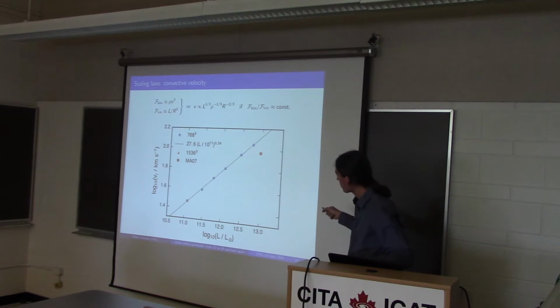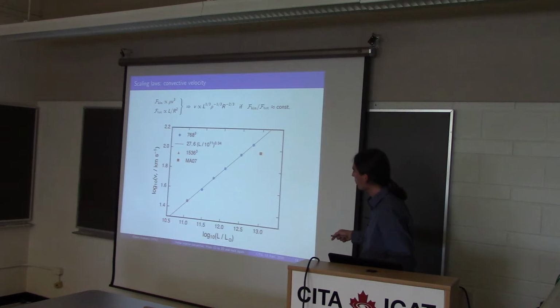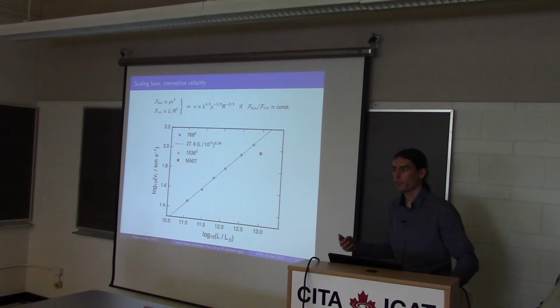So we have a series of simulations at 768 cubed, where the only difference between them is the luminosity of the heating source. And you get a very nice relation between the velocity of convection and the heating rate. The scaling is almost L to the 1/3, and there is a simple argument why it could be so.